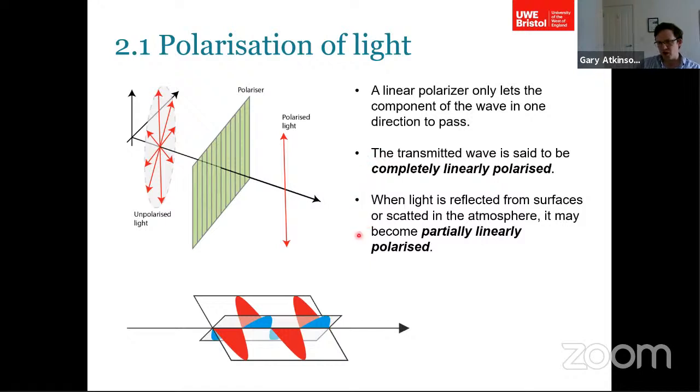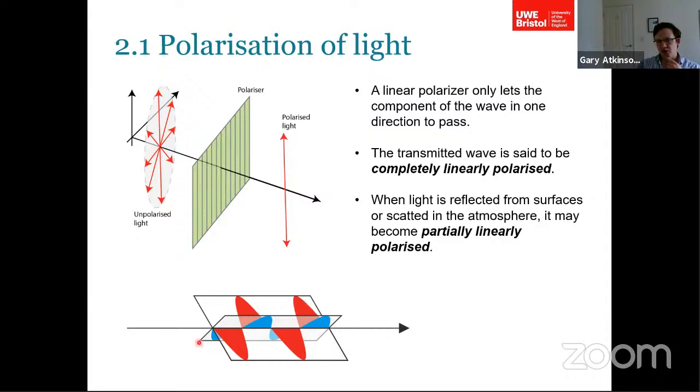Now, the other thing is, this is why I'm interested in this. That's just a bit of background physics. But when light is reflected from a surface or scattered in the atmosphere, it will also become partially polarized. So in this case, we can represent that using this diagram here. The red wave, or the big wave, is the component of the electric field that is the maximum value.